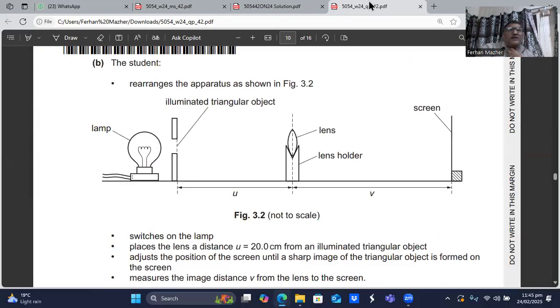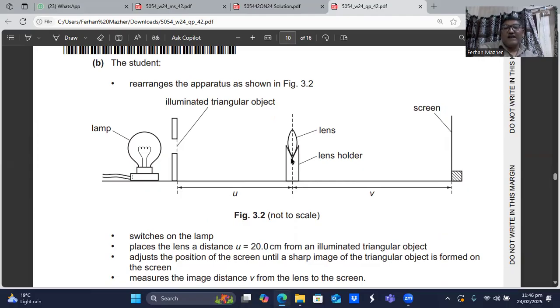The student rearranges the apparatus as shown in figure 3.2, with an illuminated triangular object. Here you have a bulb. In front of that bulb you have placed a cardboard, and in that cardboard there is a small gap. From this gap the light rays will come out, and this will act like an object for this lens.